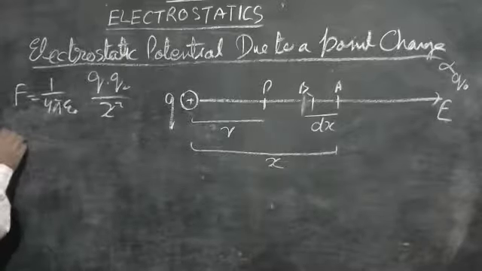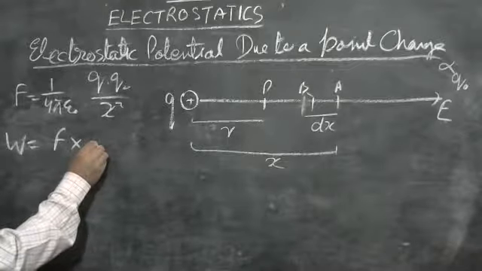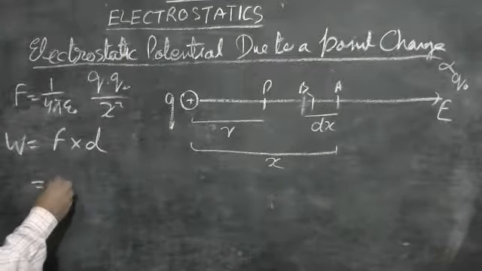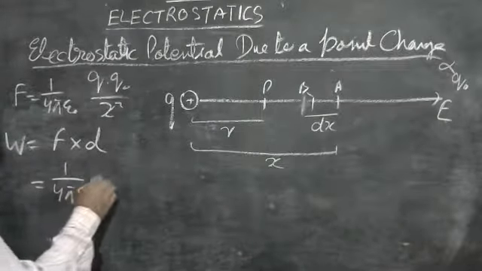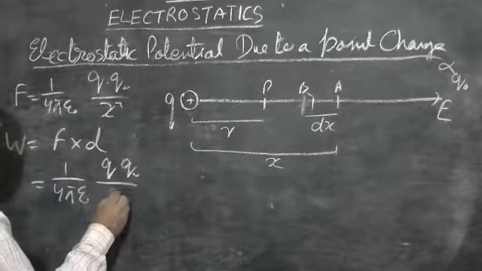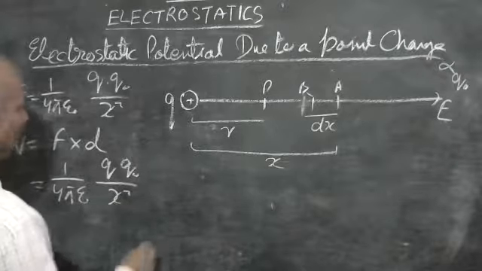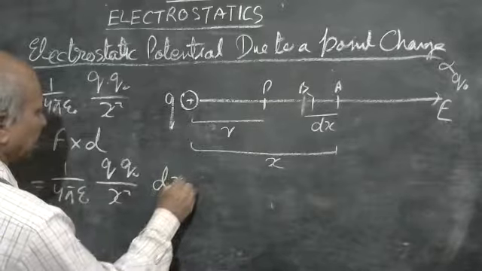Now work is equal to force into distance. We can write force as 1 upon 4 pi epsilon naught Q naught Q upon X square, and this distance is a small distance, write dx.